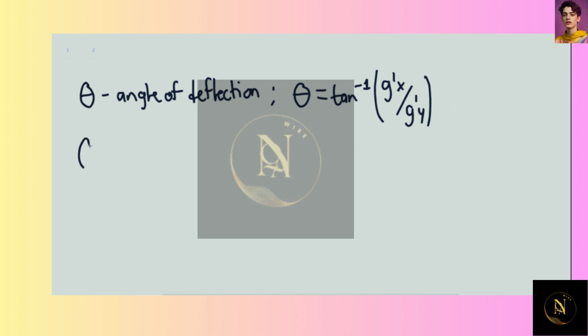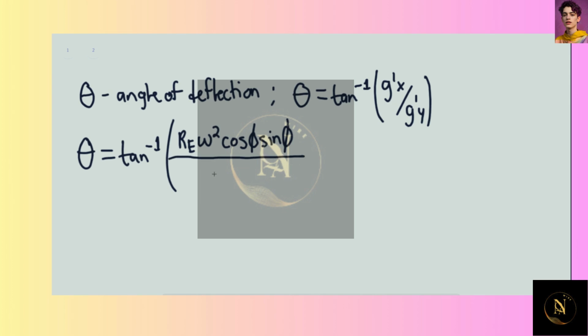We can then say theta equals arctan of r sub e omega squared cosine phi sine phi, divided by g minus the radius of the Earth, omega squared cosine squared of phi, and we can solve.